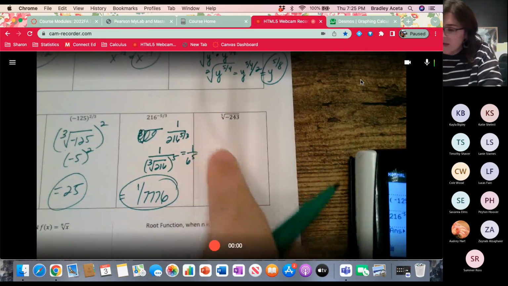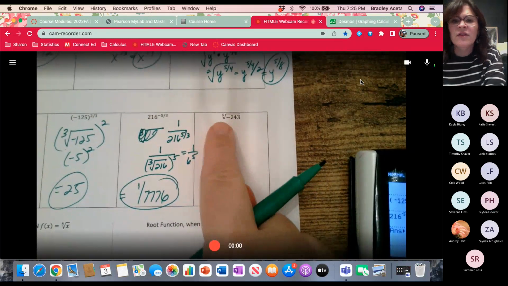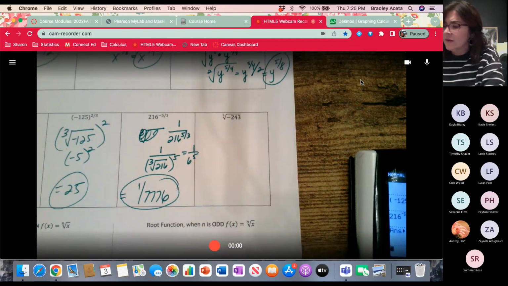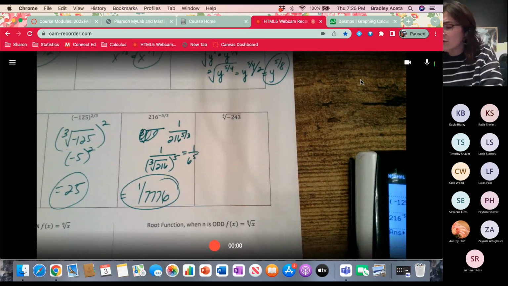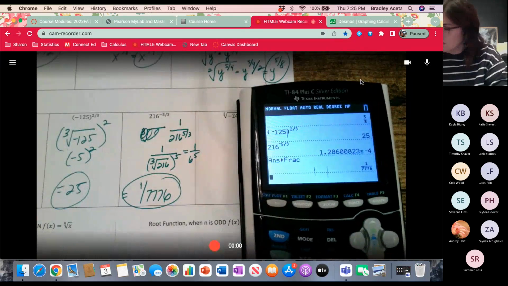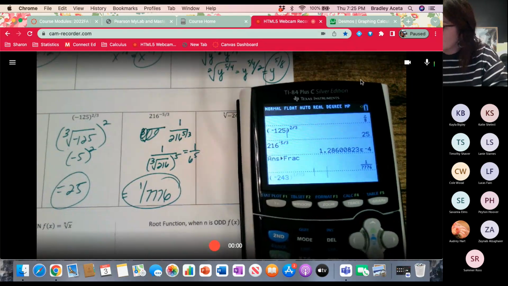All right, and then now this one, the 5th root of negative 243. Again, how could you type this into your calculator if you don't know where there's a 5th root? You can just type negative 243. 5th root means to the 1/5 power.